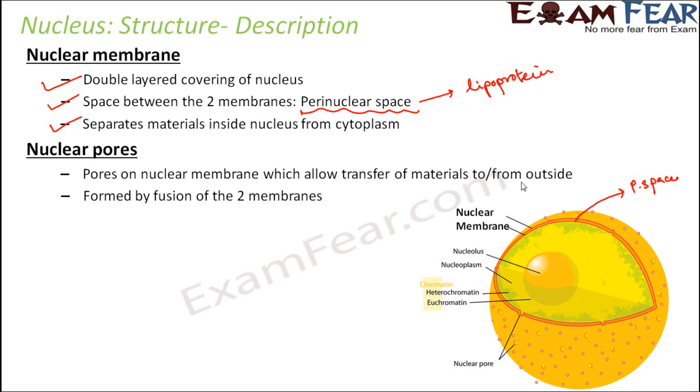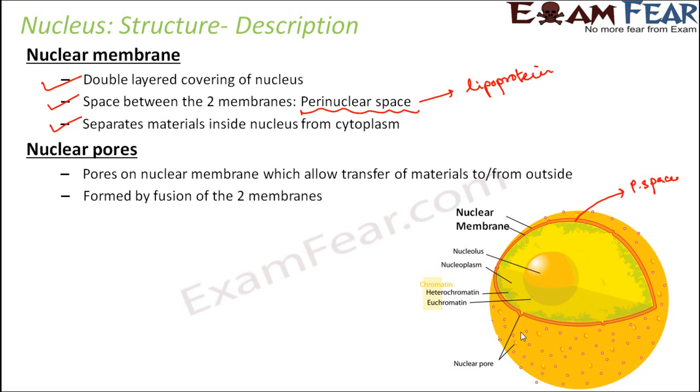Wherever these pores are present, whether nuclear pores or plasmodesmata, their purpose is transfer or exchange of materials. These pores are formed by fusion of the two membranes. So these two membranes fuse together to form these small pores.